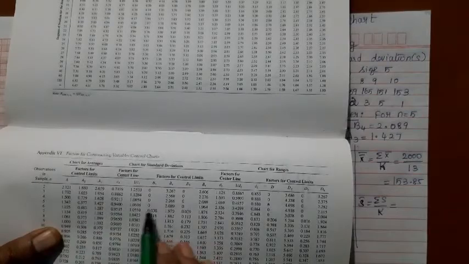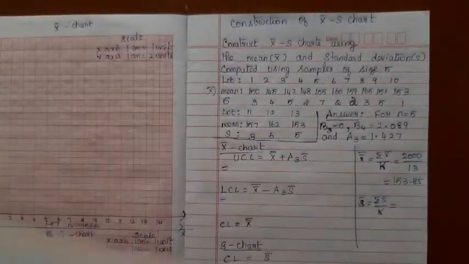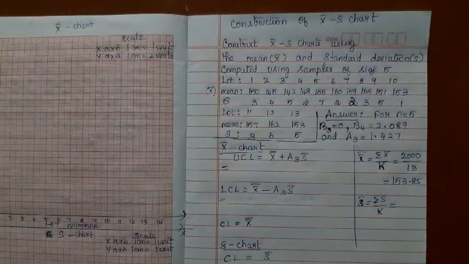We are taking this from the table of factors for constructing variable control charts, taking the values corresponding to n is equal to 5.